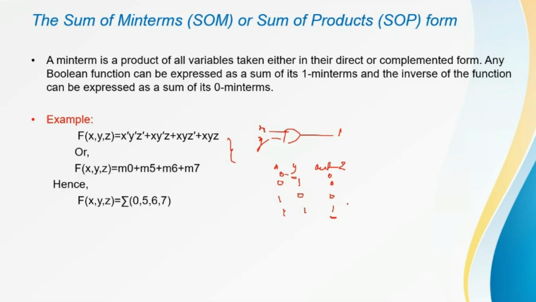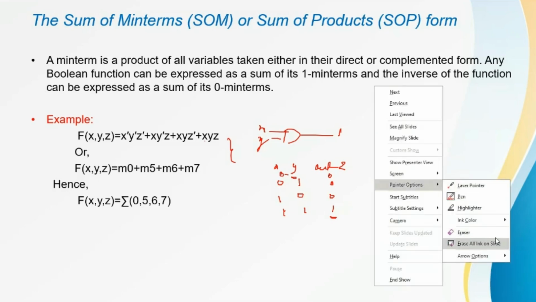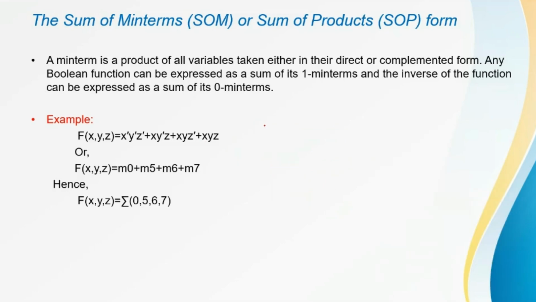So for whatever we are doing, here you can see that the expression is whatever we are doing in the SOP, we'll be taking it as a 1. Like for example XYZ is there. I will just solve this example so you'll understand that. For example, we have XYZ, three variables. We'll take X, Y, and Z. So there are three variables, right? 2 raised to 3 is 8 combinations, right?